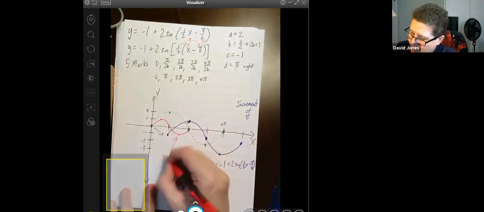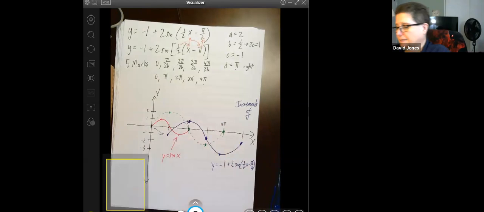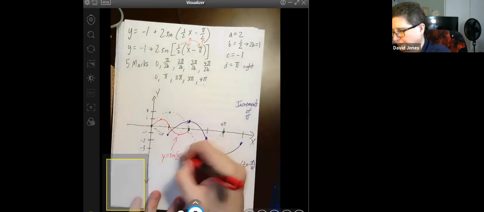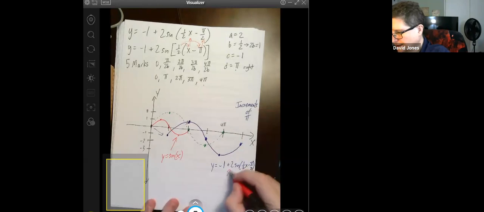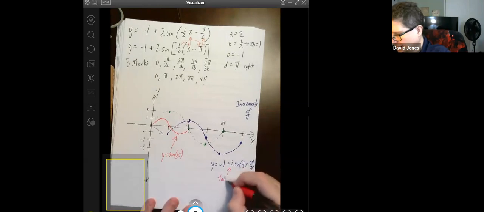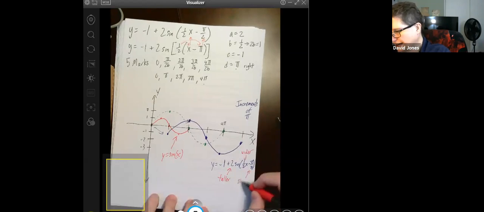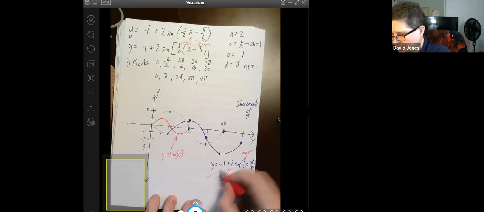That's y equals sine x. The 2 made it taller. The 1/2 is less than 1, so it made it wider. This shifted it right. And that shifted it down.